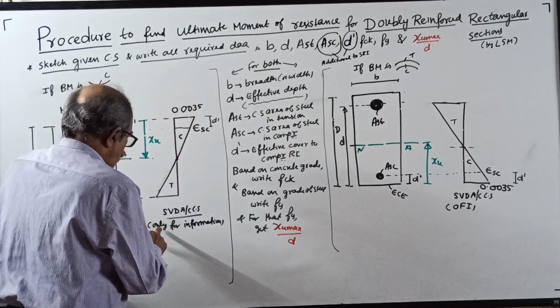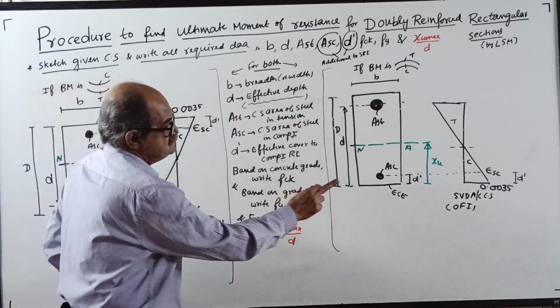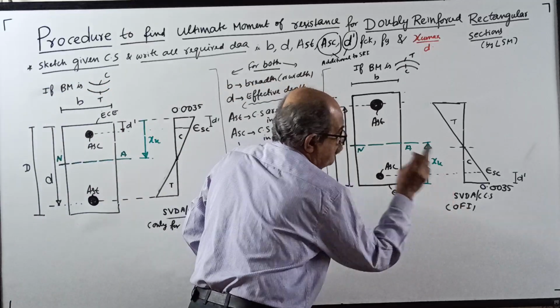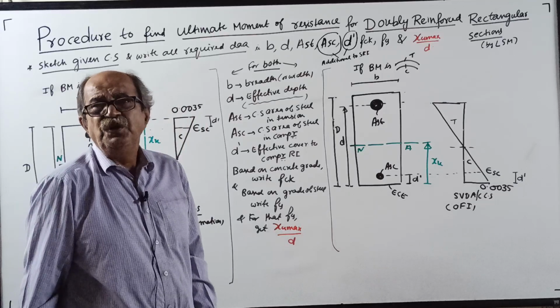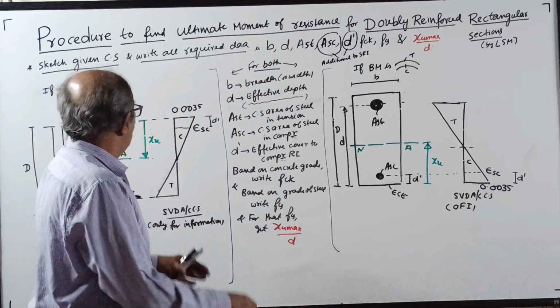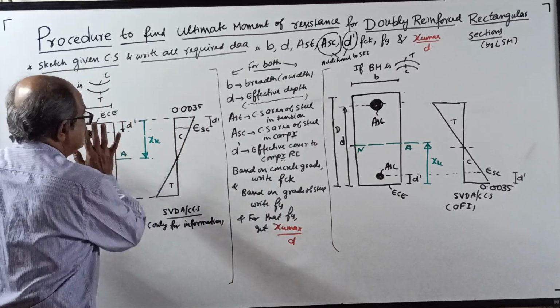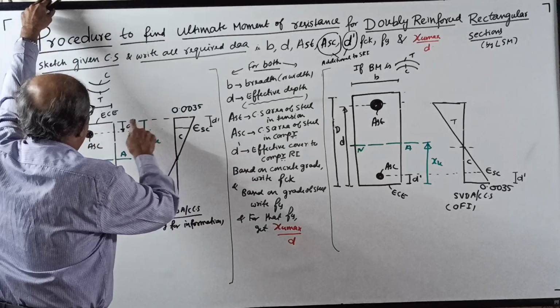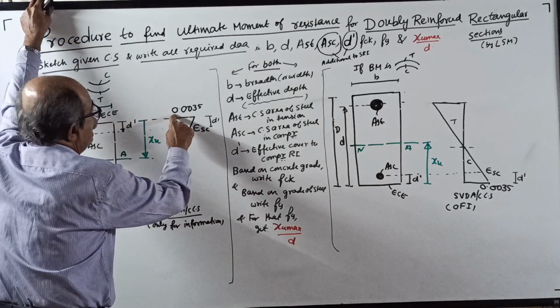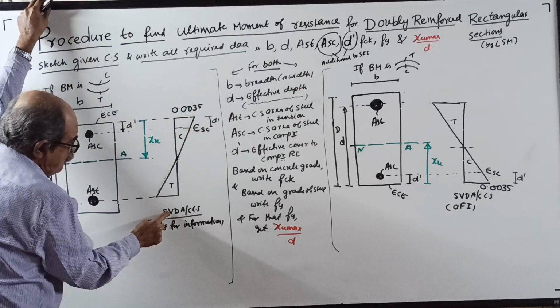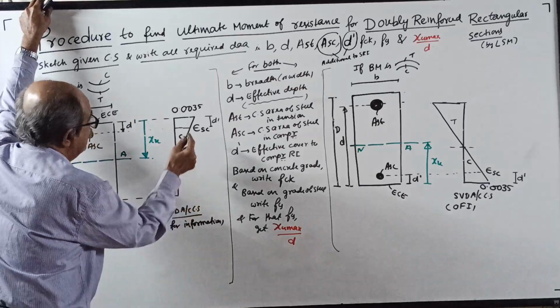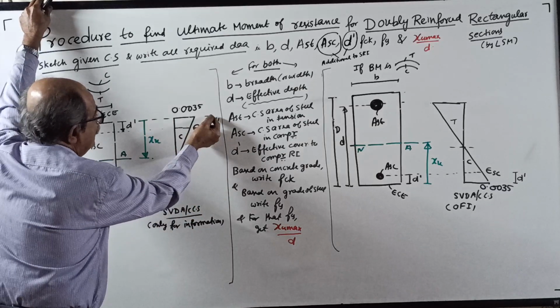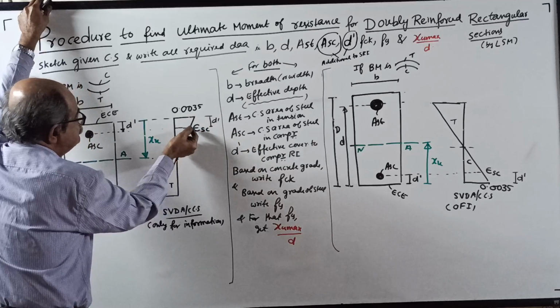Now, only for information, during solving of a problem you don't have to write this. This much is sufficient. Extreme fiber compressive strain, 0.0035. Strain variation diagram across the cross section. This is XU. Come down by D dash.